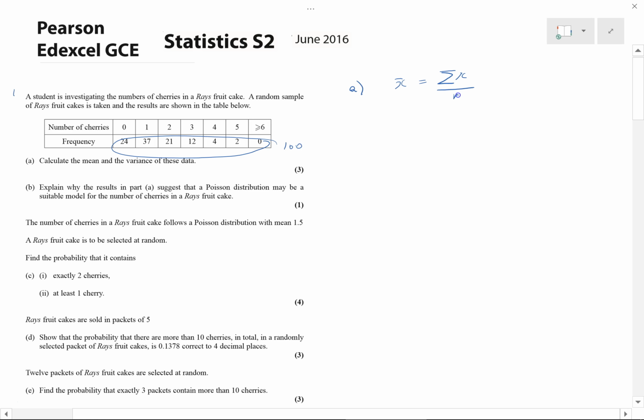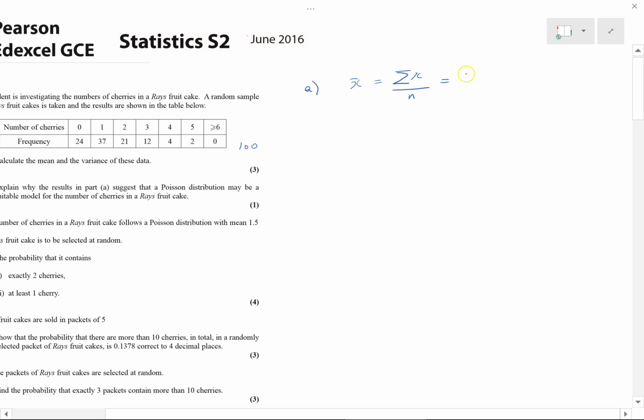You might choose to put them into the stats mode of the calculator as well, but I still would write out at least the summary data. So long as you write sigma fx in, having used the stats mode of your calculator, you're fine. But I'm going to do it without that, or at least show my working on how we got that.